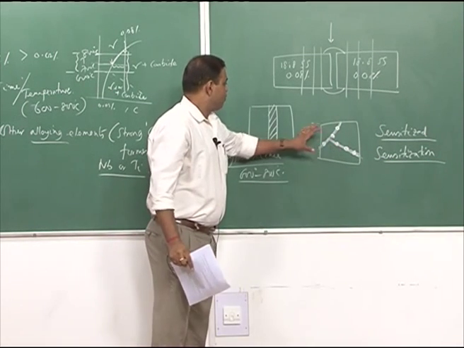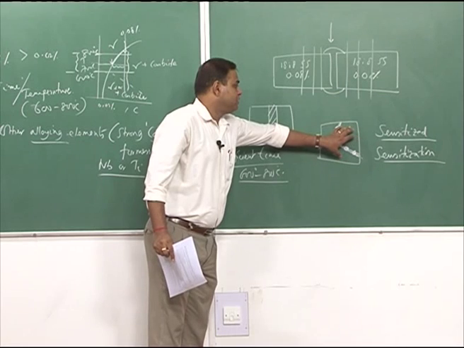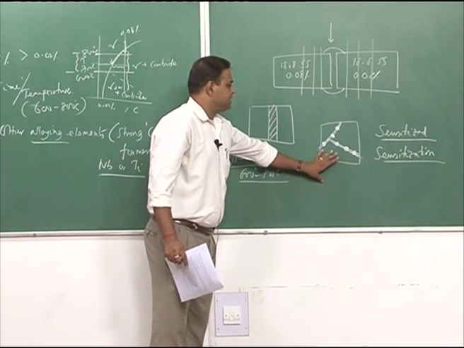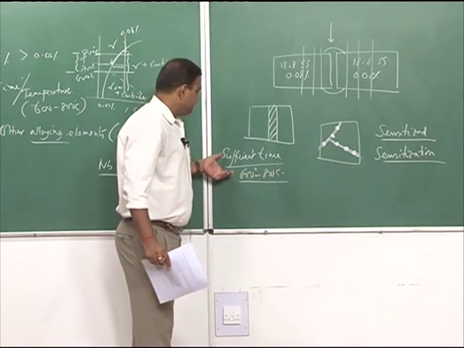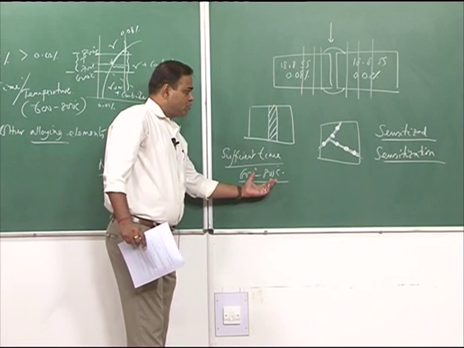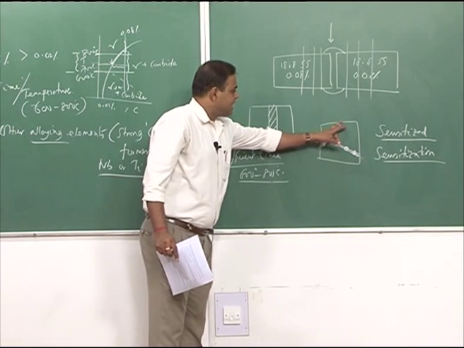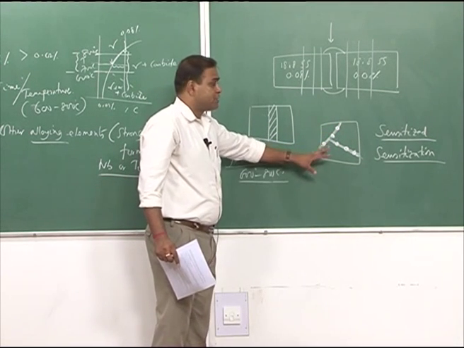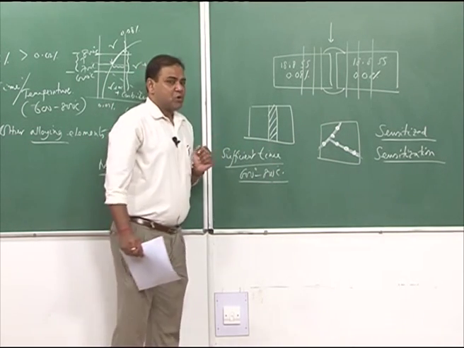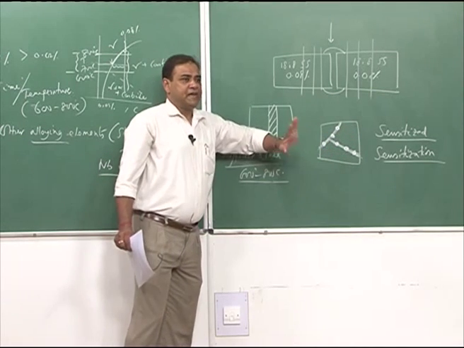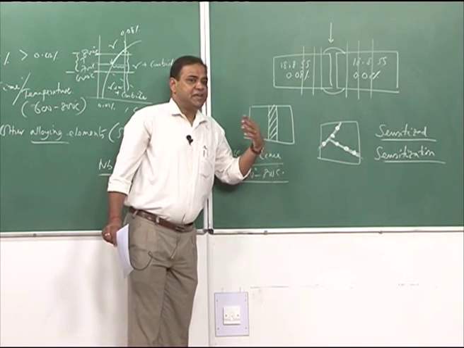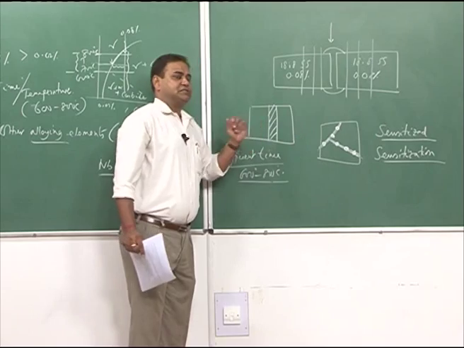Where we did not have the problem of chromium carbide precipitation along the grain boundary, if that particular steel spends sufficient time in the 600 to 800 degree Celsius zone, we can have reprecipitation of chromium carbide along the grain boundary, leading to a chromium depleted zone along the grain boundary, while the rest of the system remains intact, where the chromium in solution would be 18%.